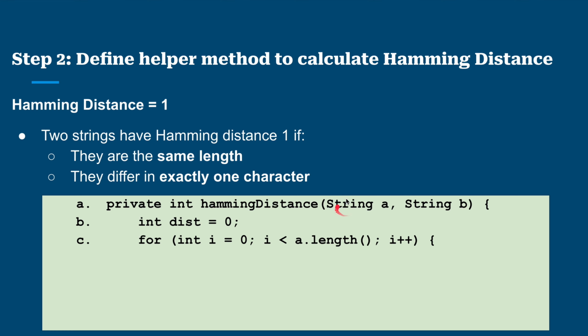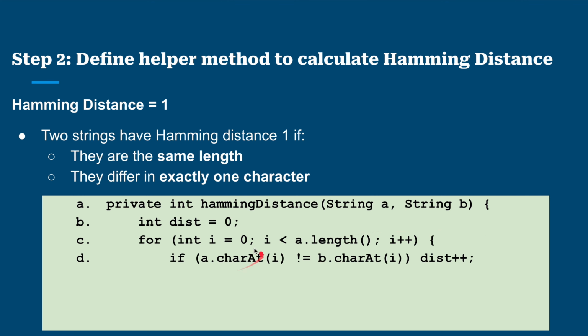Let's suppose in a we have one word and in b another, say cab and dad. We traverse all the characters, and for that we create a for loop. I hope you understand.